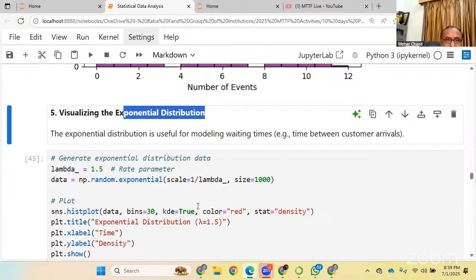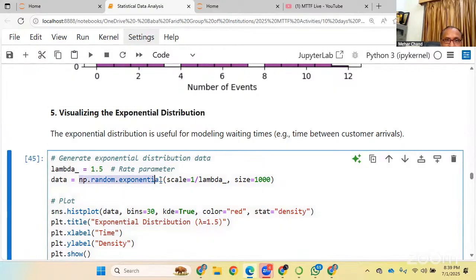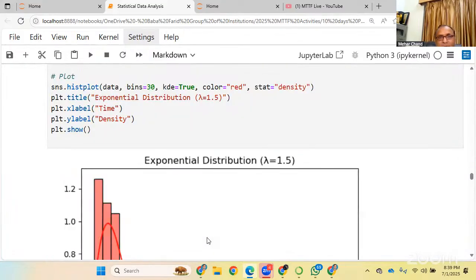We are taking lambda as 1.5 and data equal to np.random.exponential function, which is built into the library. The scale we are taking is 1 upon lambda, size 1000, and the SNS library is there to plot, and these are the other statements to plot the graph. Shift and enter.